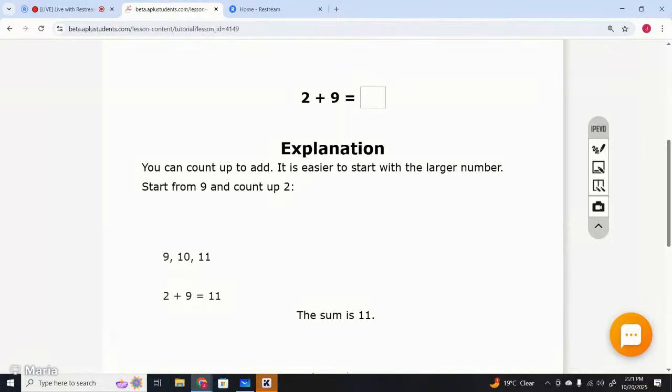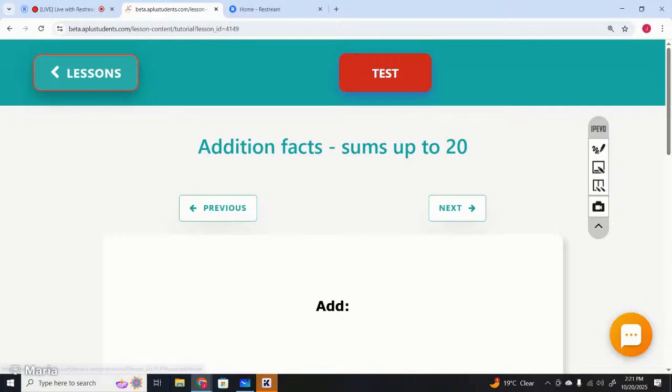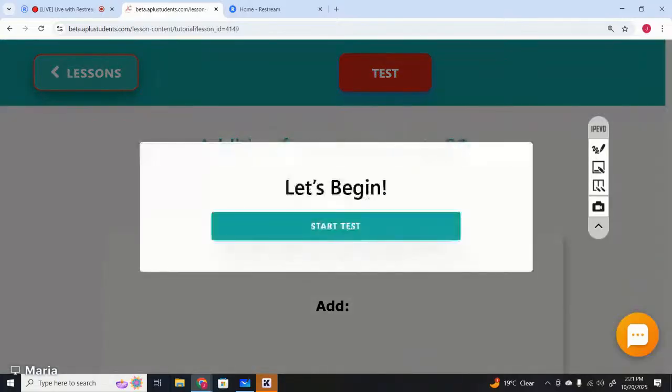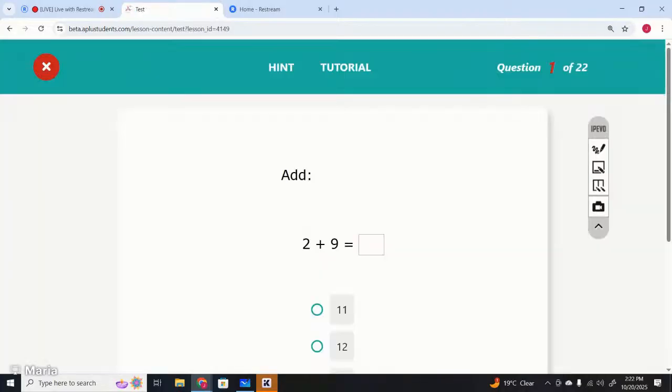Let's just start with the test questions. Add 2 plus 9.